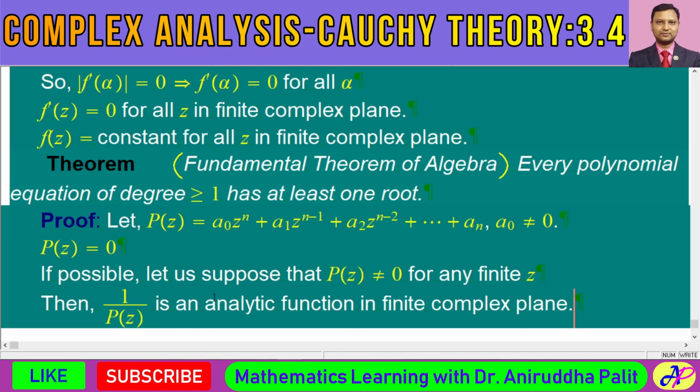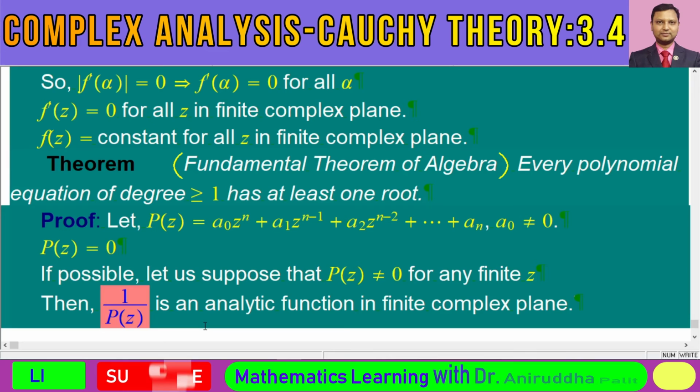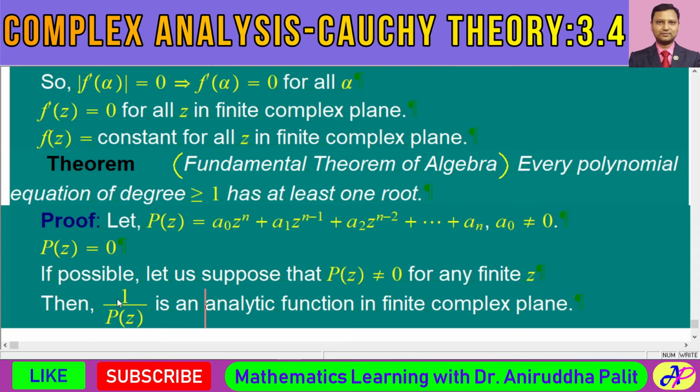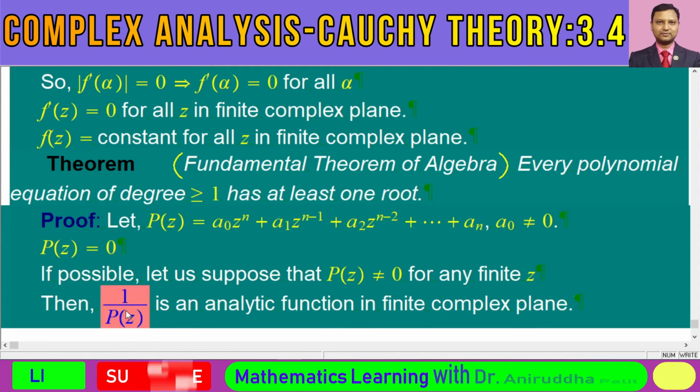So in the finite complex plane, this function 1 by p of z is analytic throughout the finite z plane, and this kind of function is called an integral function.